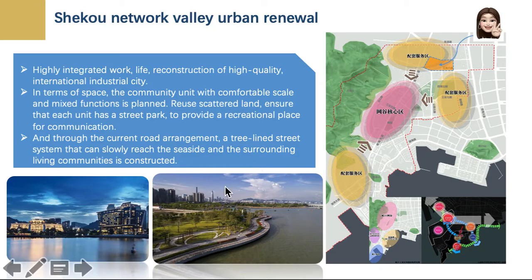This is a street park, providing a recreational place for communication. This is the Sea Hotel, and through the current road arrangement, a train-line street system that can slowly reach the seaside and the surrounding living communities is constructed.